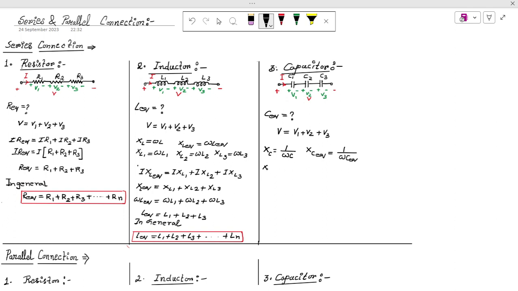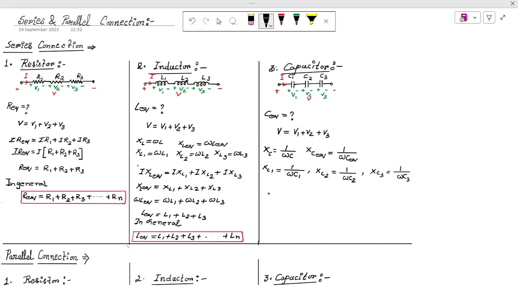Similar way, XC1 equal to 1 by omega C1, XC2 is 1 by omega C2, XC3 is 1 by omega C3.